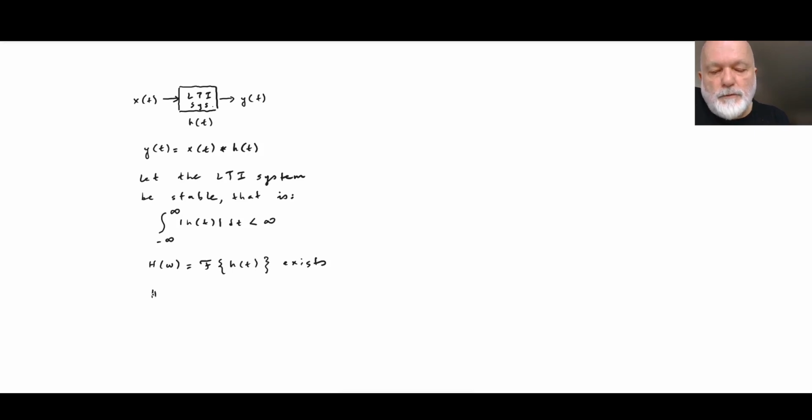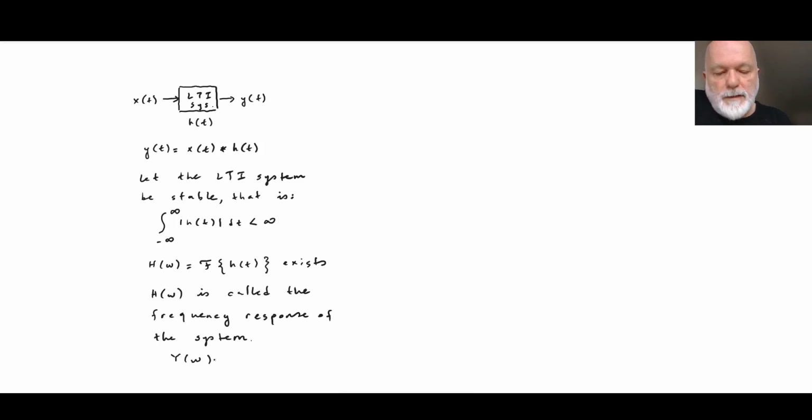And remember, H of omega is called the frequency response of the system. And we are able to express Y of omega as X of omega multiplied by H of omega.